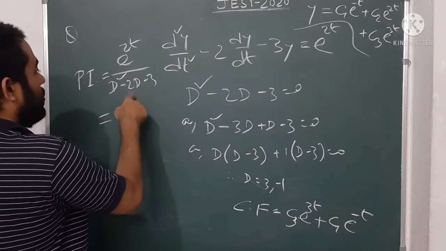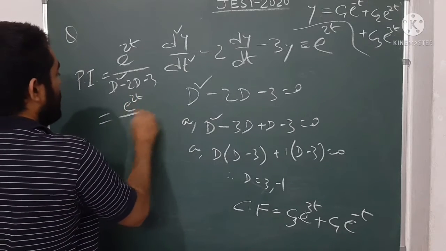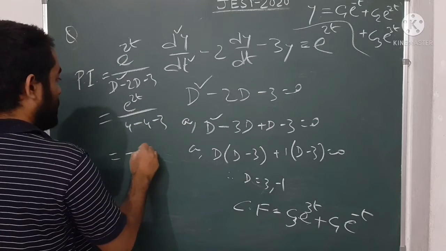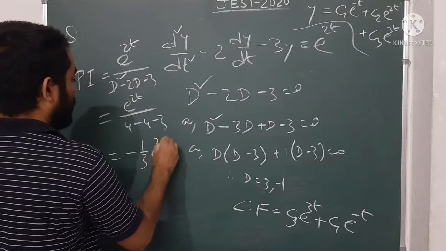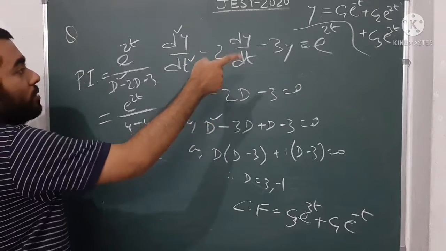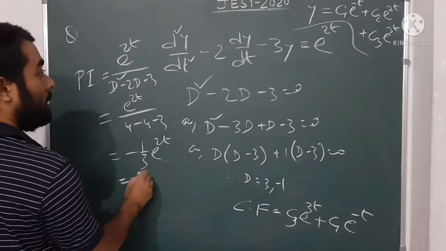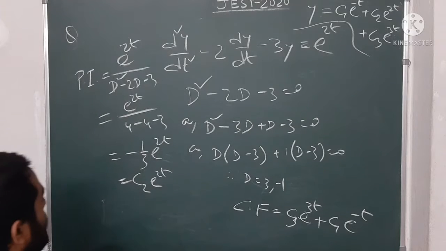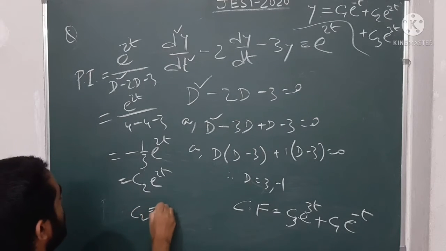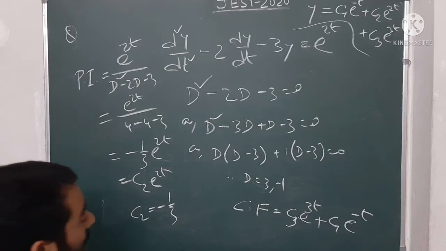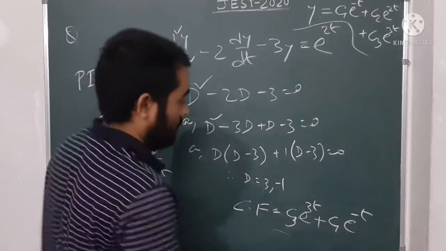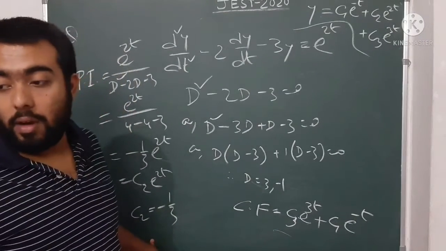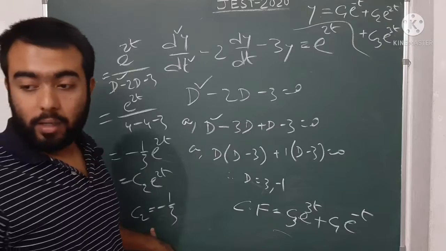So we can put e to the power 2t upon 4 minus 4 minus 3, so minus 1 upon 3 e to the power 2t. This is for c2 e to the power 2t. So c2 is equal to minus 1 upon 3, and the others are arbitrary. So the correct option is: c1 and c3 are arbitrary, and the value of c2 is minus 1 upon 3.